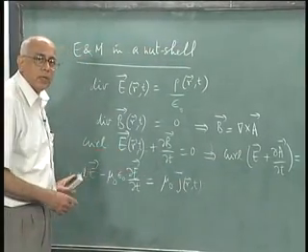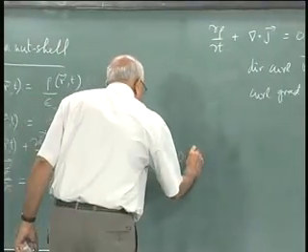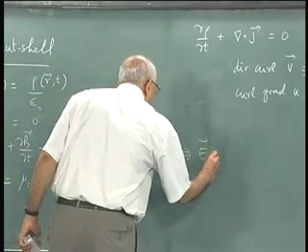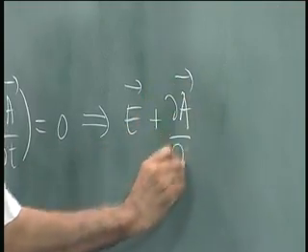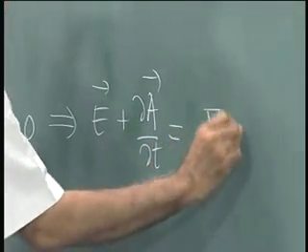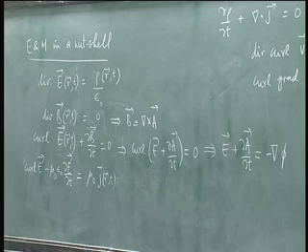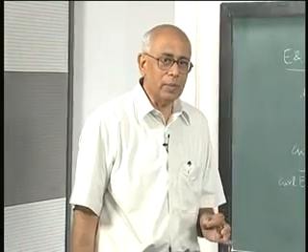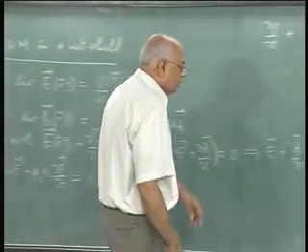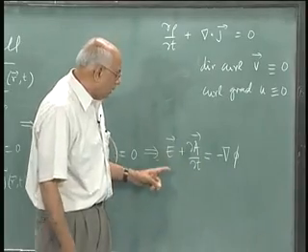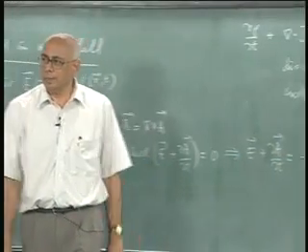So this would imply that E plus delta A over delta T is equal to the gradient of a scalar field, but let me put a minus sign here purely as a matter of convention, and the reason is in electrostatics you know that E can be written as minus the gradient of a scalar field phi, and this phi has the connotation of being the potential energy of a set of charges. So we keep that minus sign for that reason, no other reason, and write E plus delta A over delta T in this form.